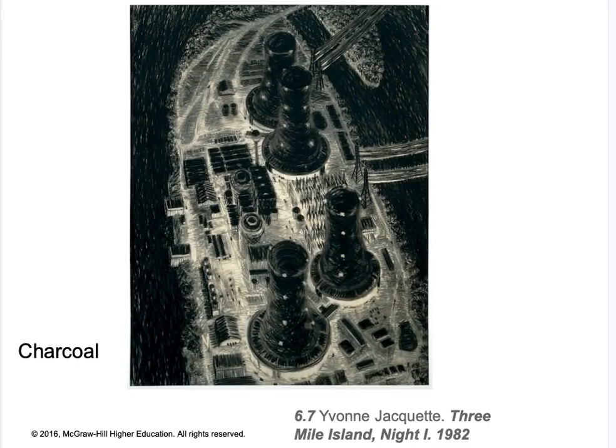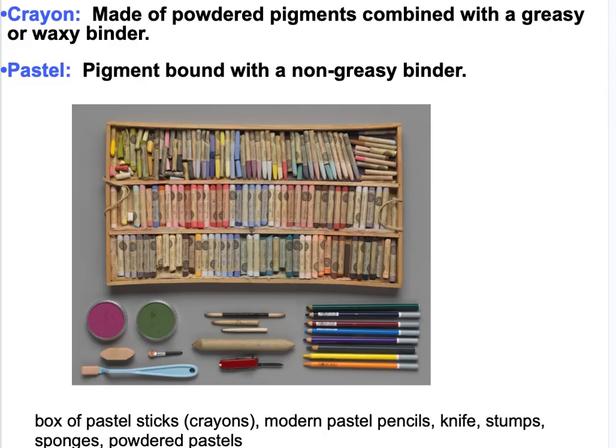Okay, the next medium we're talking about is crayon. Crayon and pastel we put together like this. Really, let's think of this slide as more about pastels. Crayon is kind of a side medium off of pastel. Both are made with powdered pigment.